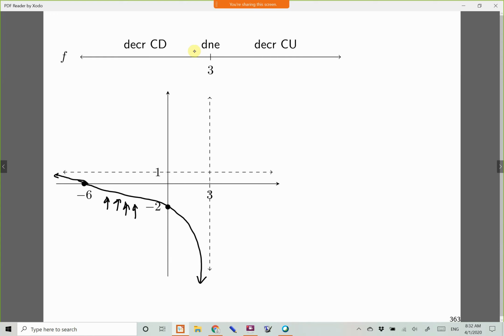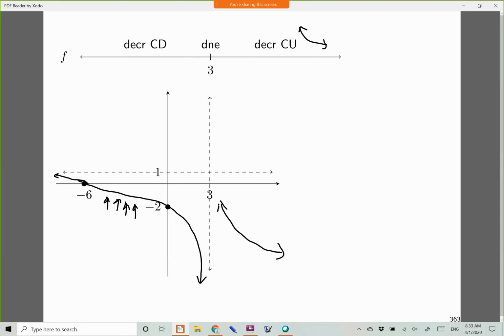And then after 3, you've got this asymptote, and sometimes people are tempted to draw decreasing, concave up, like so, which should have that general shape. Sometimes people want to draw that over here.